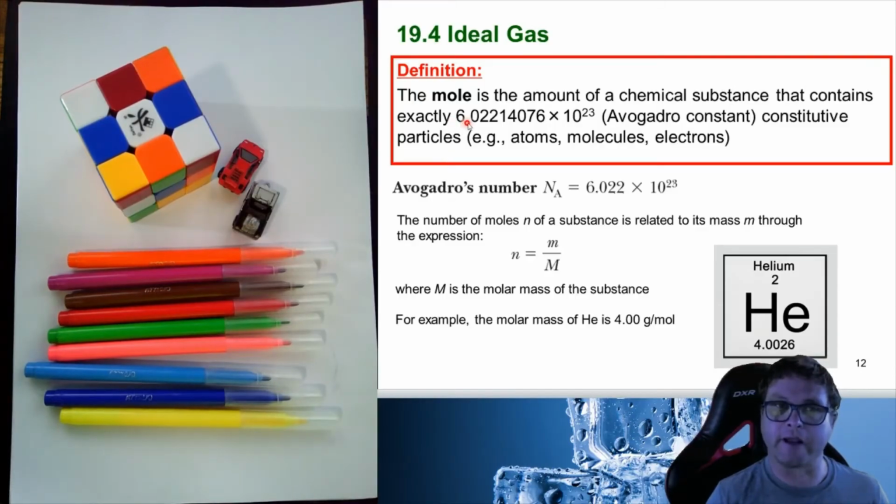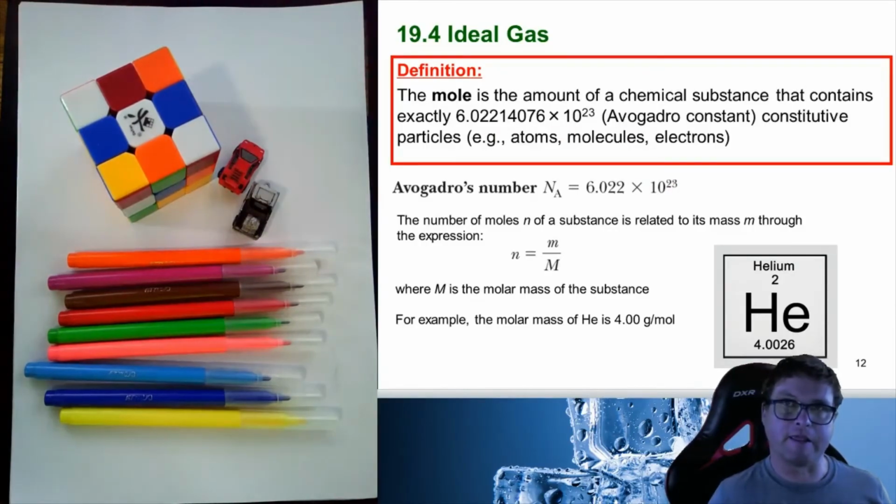Instead of having 12, it has this number of particles. So if we say we have a mole of hydrogen gas atoms, then we have this number of hydrogen gas atoms. This number is referred to as Avogadro's number.